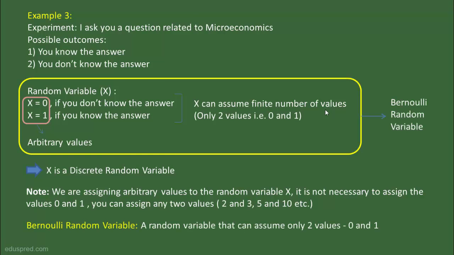But if you assign the values 0 and 1 to the random variable x, then we can give a special name to our random variable, Bernoulli random variable. By definition, a random variable that can assume only two values, that is 0 and 1, is called a Bernoulli random variable. So this is all about discrete random variables for now.